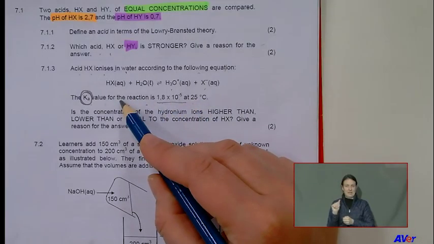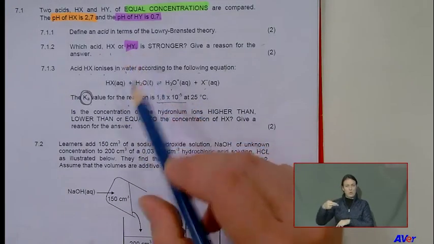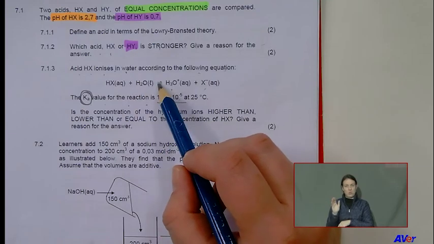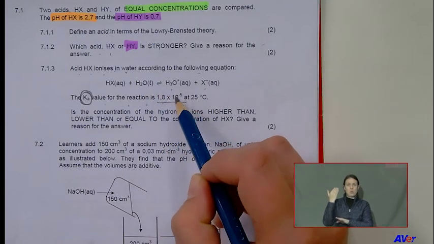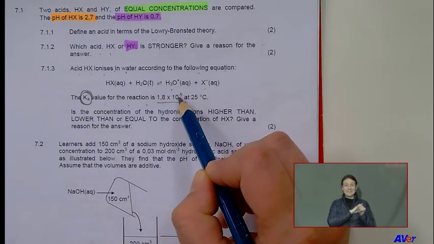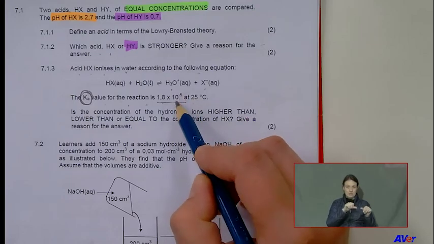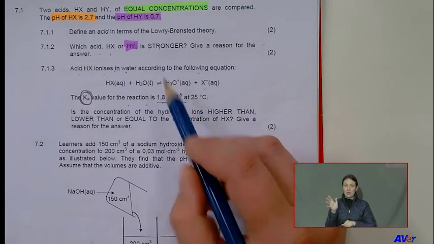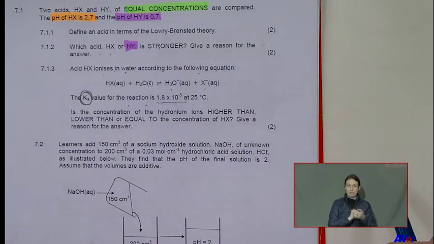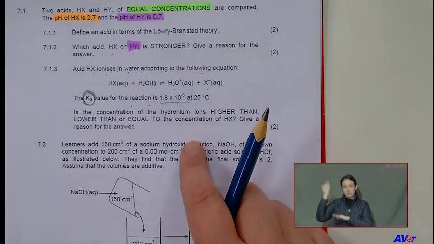Grade 12s, the Ka value for HY will be greater than this, because this clearly is a weaker acid. So the Ka will be smaller than that of HY. So HY will have a larger Ka value. Why? Because it is a stronger acid, which means it forms more hydronium ions in solution.